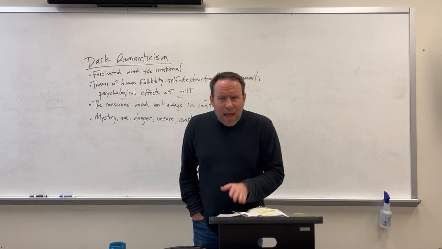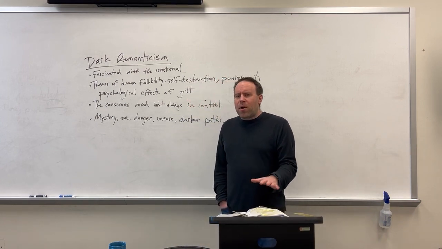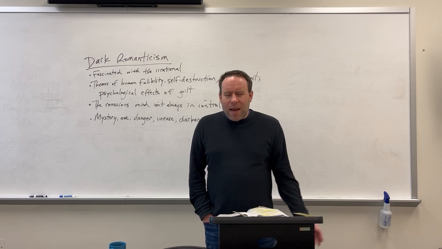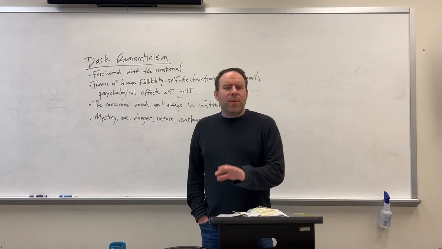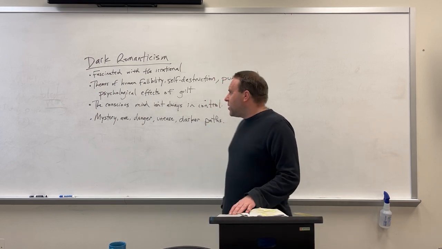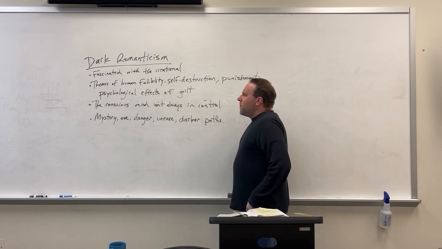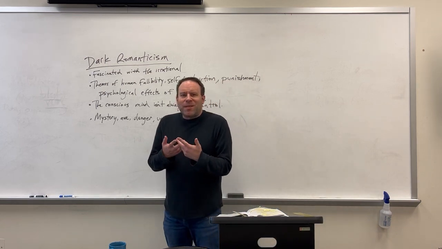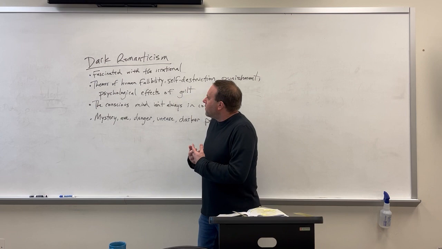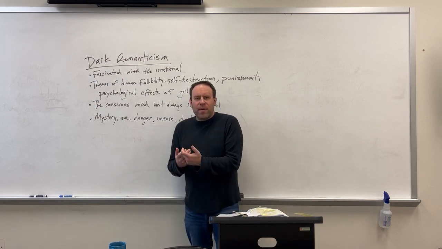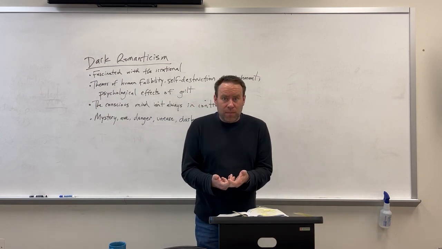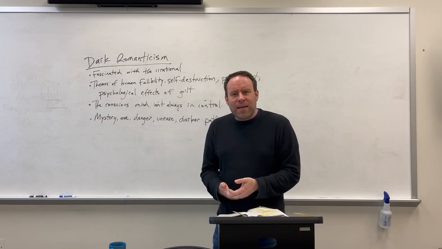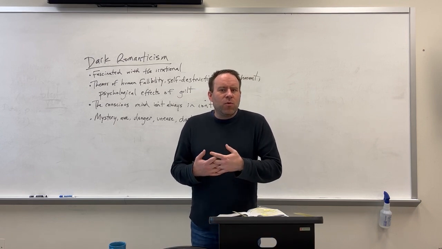But before we get to that, let's talk about what Dark Romanticism is and how we should distinguish it from other ideas within the Romantic tradition. Texts that fall under the title of Dark Romanticism are fascinated with the irrational. They're fascinated with the human mind run amok.